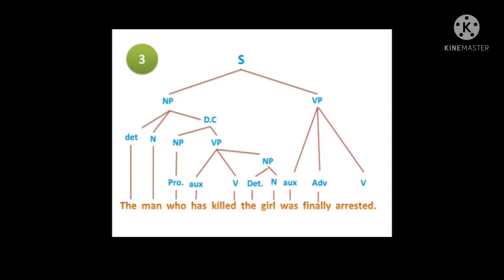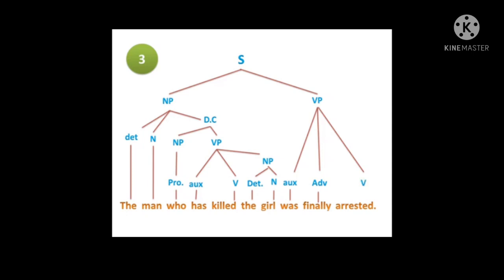The noun phrase here consists of the determiner the, the noun man, and a dependent clause divided into two parts, namely noun phrase, the pronoun who, and verb phrase. The verb phrase consists of the auxiliary has, the verb killed, and a noun phrase consisting of the determiner the and the noun girl.